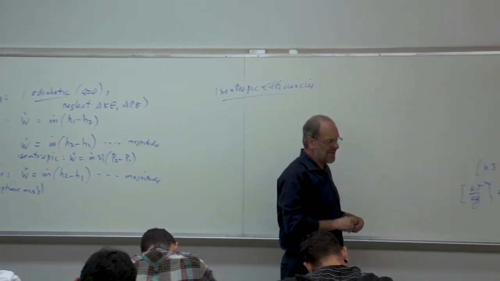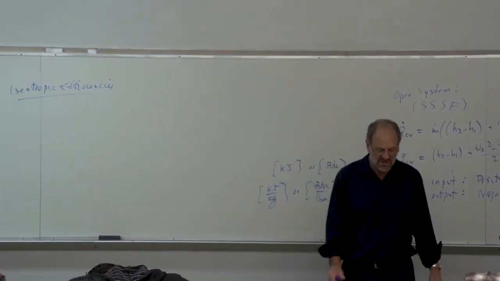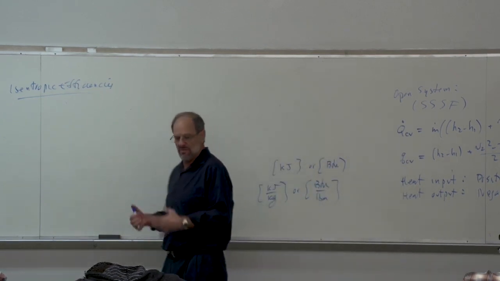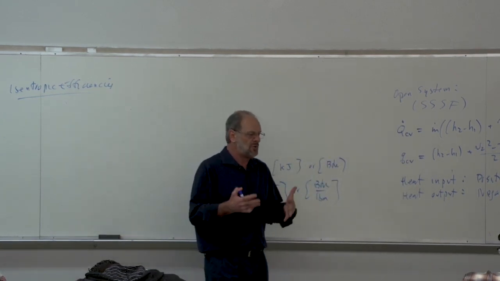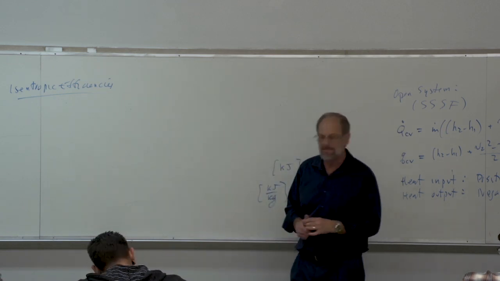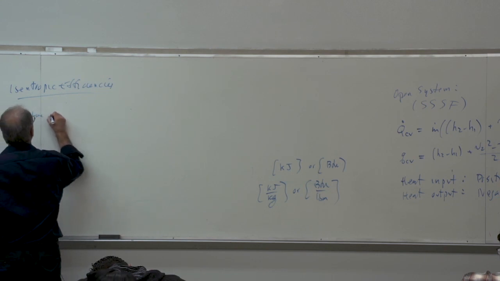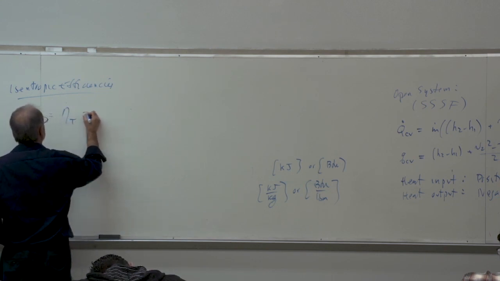Now, please keep in mind that the isentropic efficiency is not the same thing as the thermodynamic efficiency. The isentropic efficiency is nothing more than the ratio of the actual amount of work to the ideal amount of work associated with one of those three devices. So, the isentropic efficiency for a turbine is just η_T.